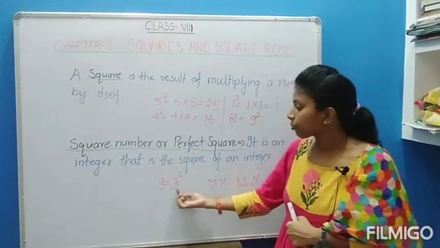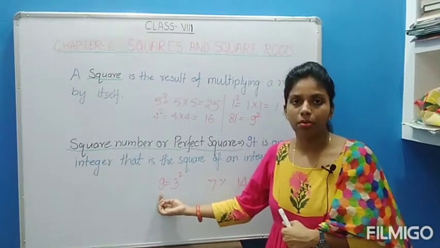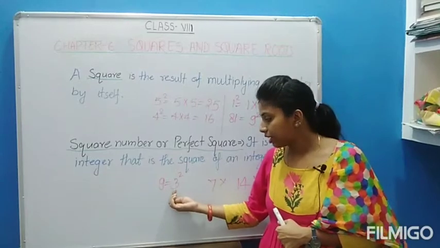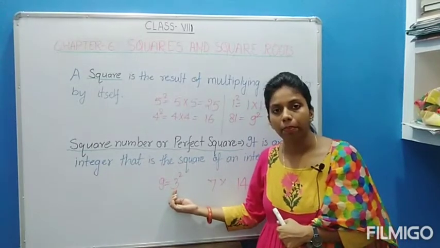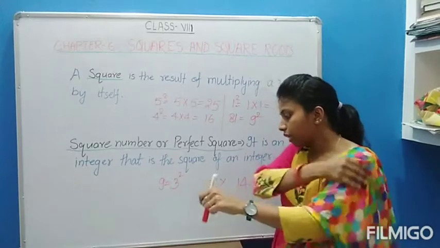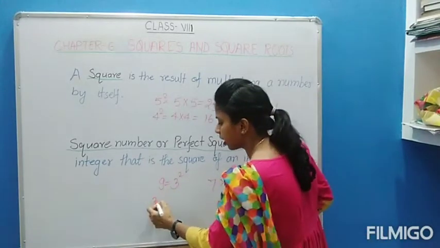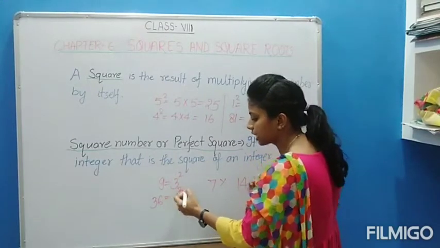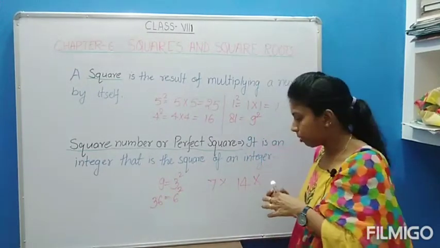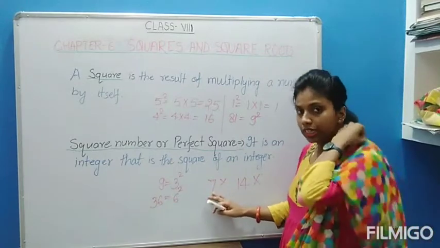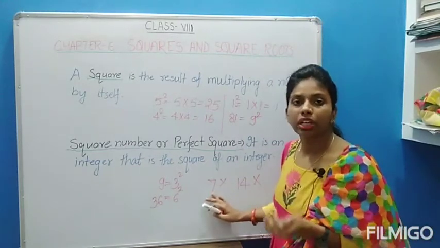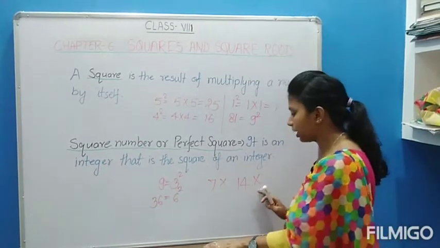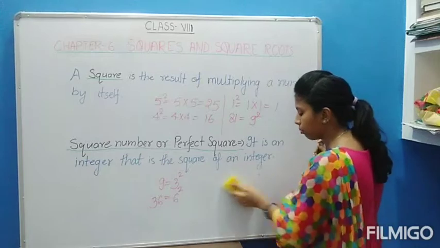Like 9 is a square number or a perfect square, because we can write 9 as the square of a number, means 3 square. We can represent 36 in the form of square of 6, means 36 is a square number, but 7 is not a square number because we cannot represent 7 as the square of any number. Similarly, 14 is also not a square number.